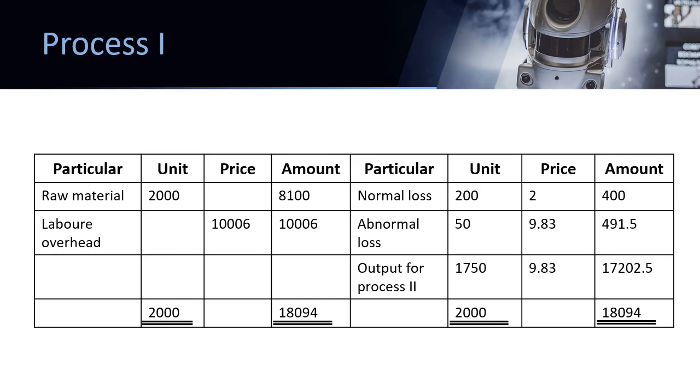Abnormal loss shows 50 units and its price 9.83. Its amount is 491.5. Output for process 2 shows 1750 units. Its price 9.83. Its amount is 17,202.5. Its total amount 18,094. Its total unit 2,000.